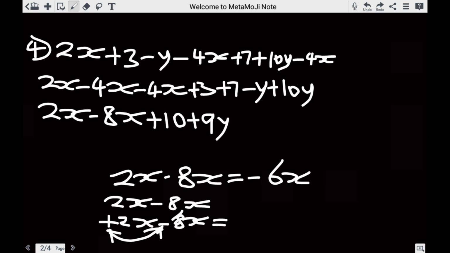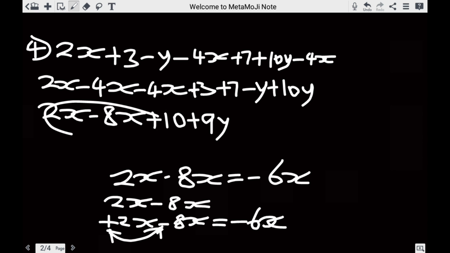Just think of which has the bigger coefficient, that is the one we are going to write down. And so 8 is bigger than 2. So the sign that this 8 has is the minus sign. So write it down here. Then subtract 2 from 8. 8 minus 2 is 6. So we get minus 6s.